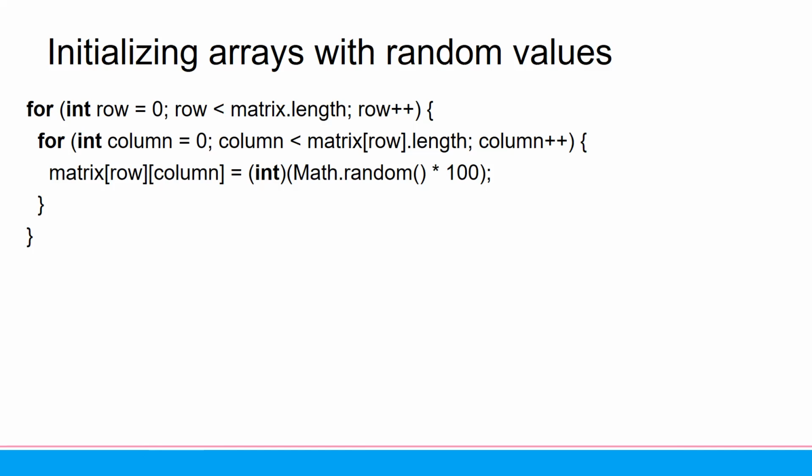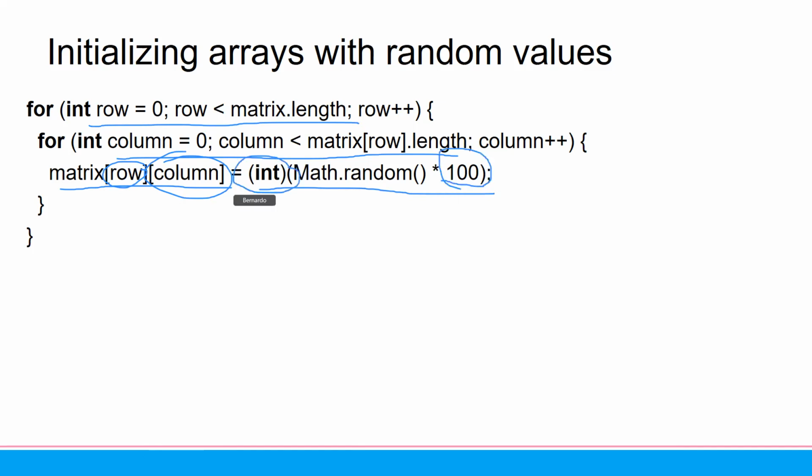In this case, we have the row, it will be iterated from 0 until the length, and then you have the column, it will be iterated from 0 until the length, and then every cell, which is the row and the column, will be stored with a random value. The random value here is any value between 0 and 100, and it will be cast into an integer value.